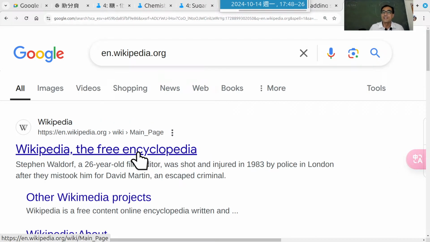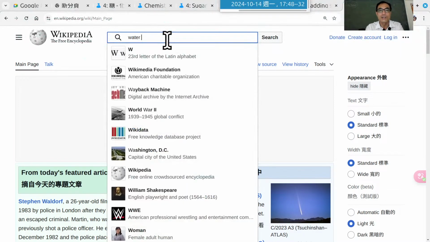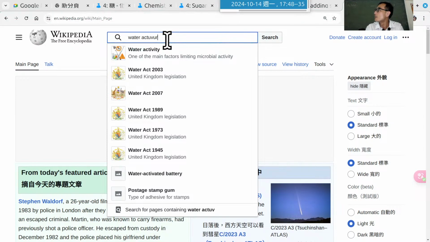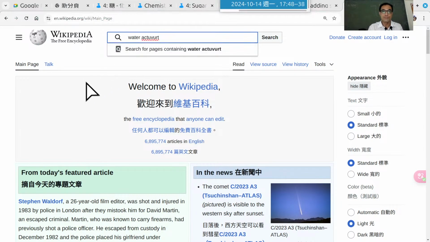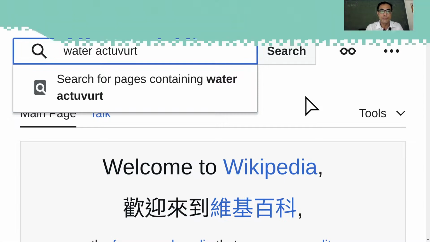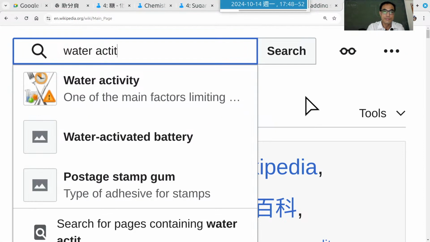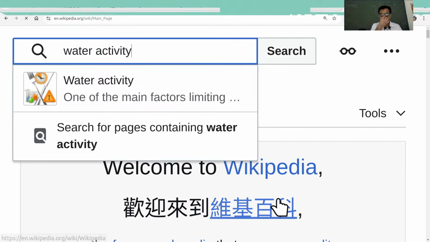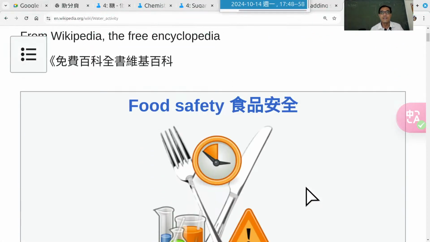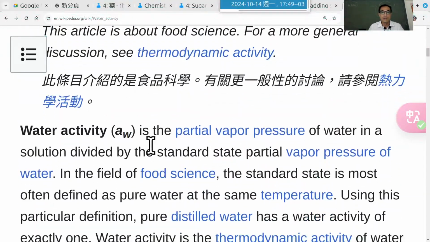Okay, Wikipedia, click it. Then we got this: water activity is the partial vapor pressure.